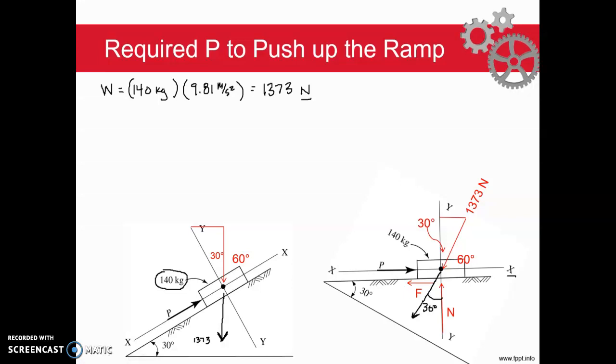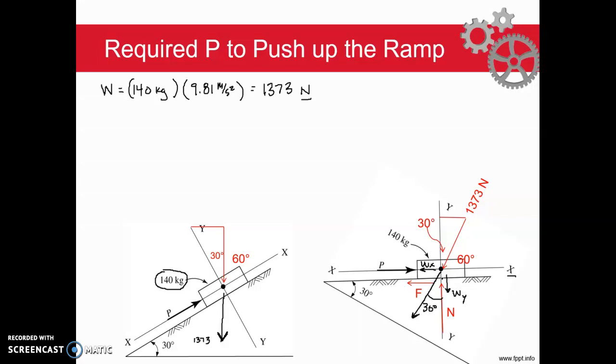So the fact that the weight of this box is no longer vertical in this diagram here, now that we've rotated the entire diagram 30 degrees, that means that the weight has both a horizontal and vertical component. So we've got Wy and Wx.